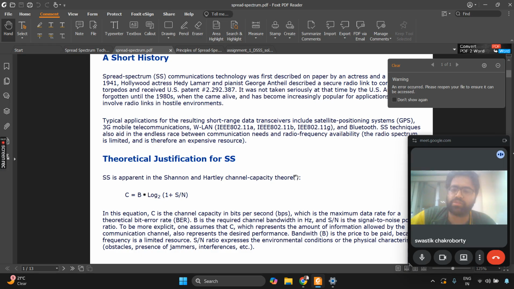Spread spectrum techniques also aid in the endless race between communication needs and radio frequency availability, because spread spectrum has the property that only the authorized user can listen. So you can transmit to multiple users without one user interfering in other users' communication channel.